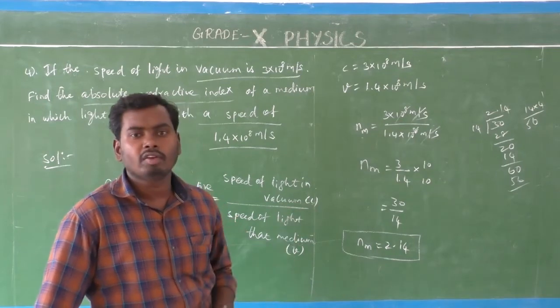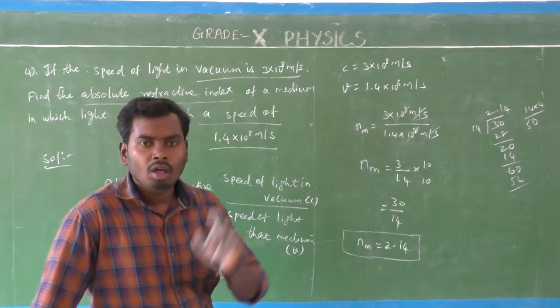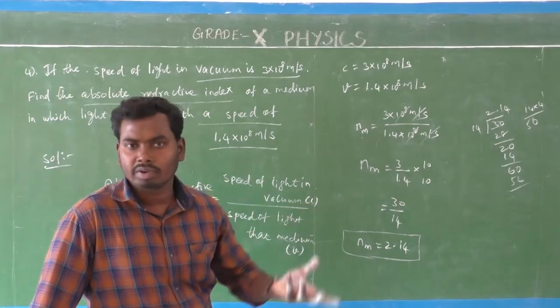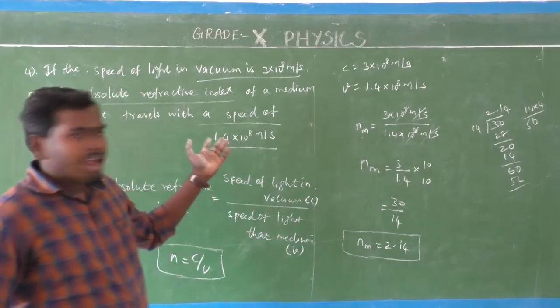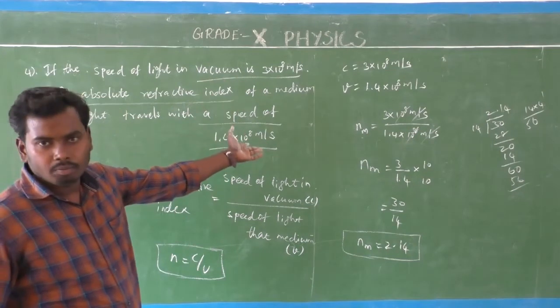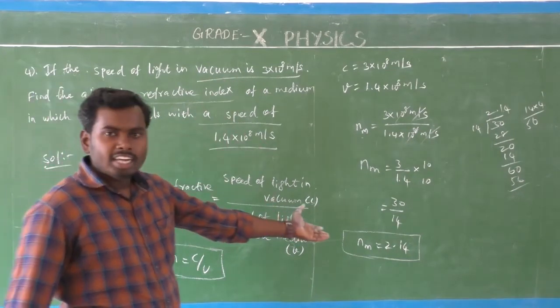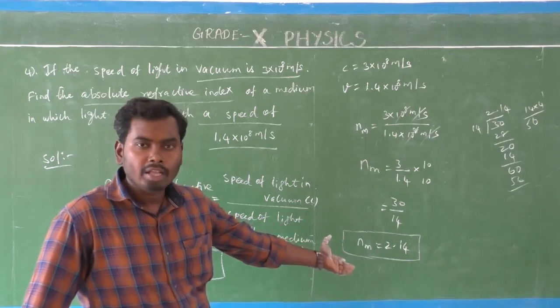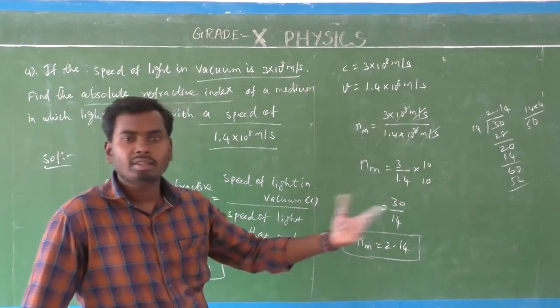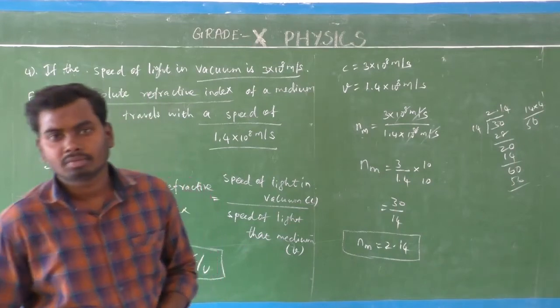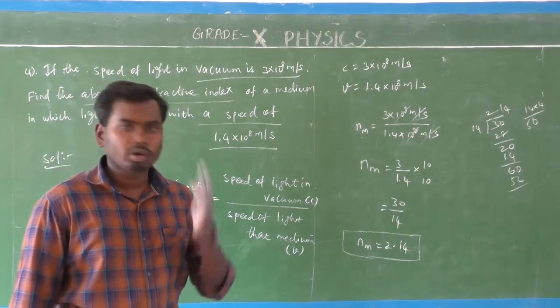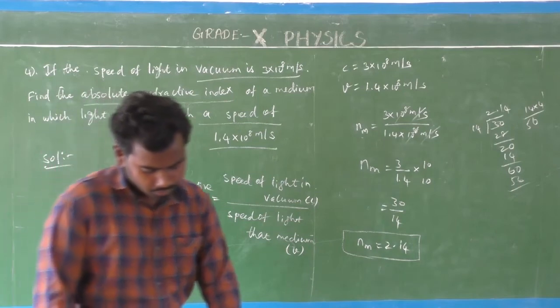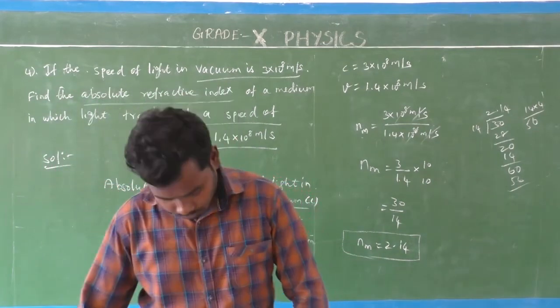In absolute refractive index, light must go from vacuum into another medium, whatever it is. So here, when light goes from vacuum into that medium, the light speed decreases 2.14 times compared to vacuum. That is the meaning. You don't get confused. Very easy. This is one type of model.